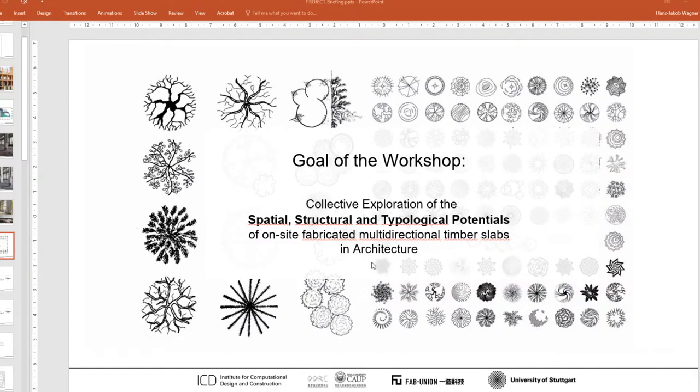Maybe we were not really clear enough on that, but really the goal is the exploration of this spatial, structural, and topological potentials, meaning really much more, I guess, what you showed, Misbah.